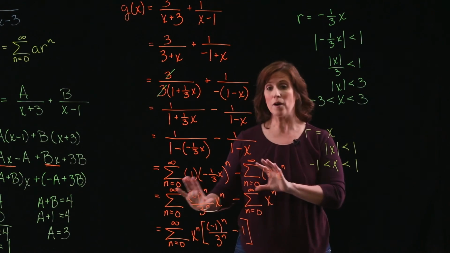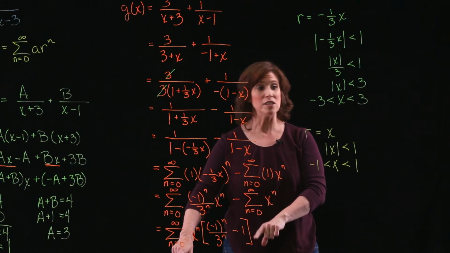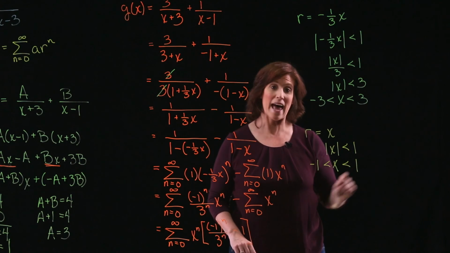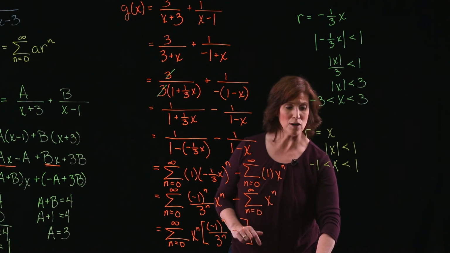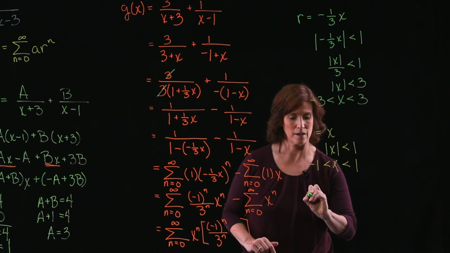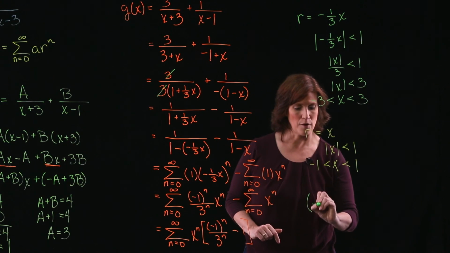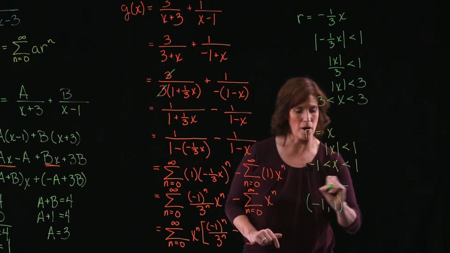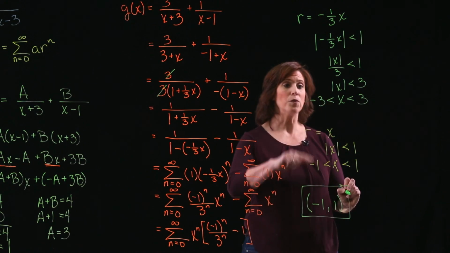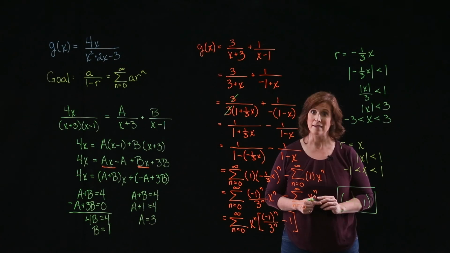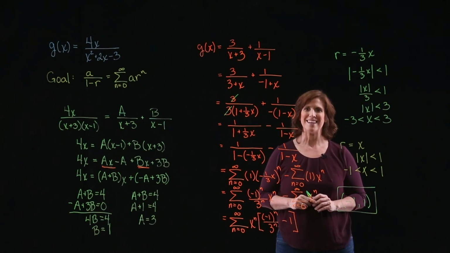Now, in order for my original series to converge, both of these conditions have to be true. So my interval of convergence is going to be from -1 to +1, because both of these conditions have to be met. I hope that was helpful. Thanks.